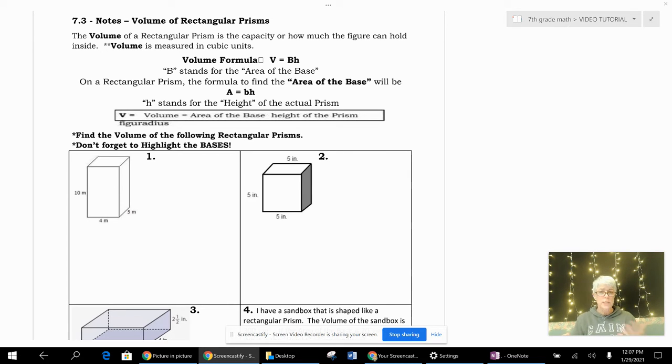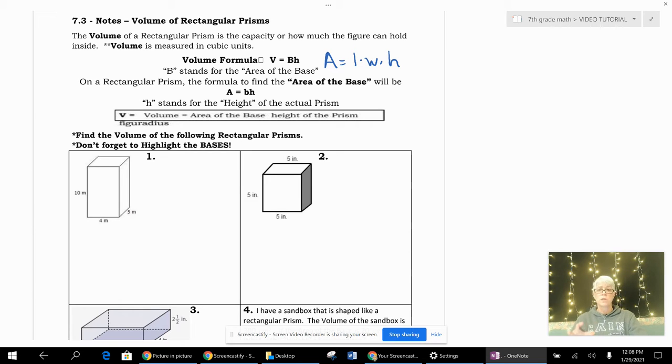You might have already learned this back in elementary school, another formula for this, and we'll relate the two together: length times width times height. We're basically just going to be multiplying three numbers together, okay? So pretty easy. Let's move on.